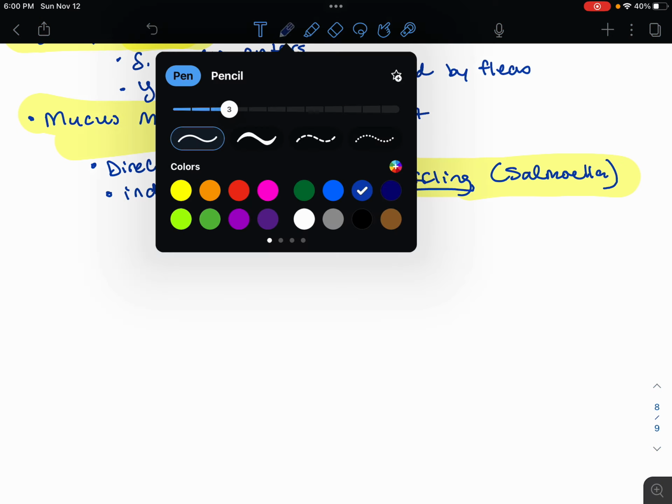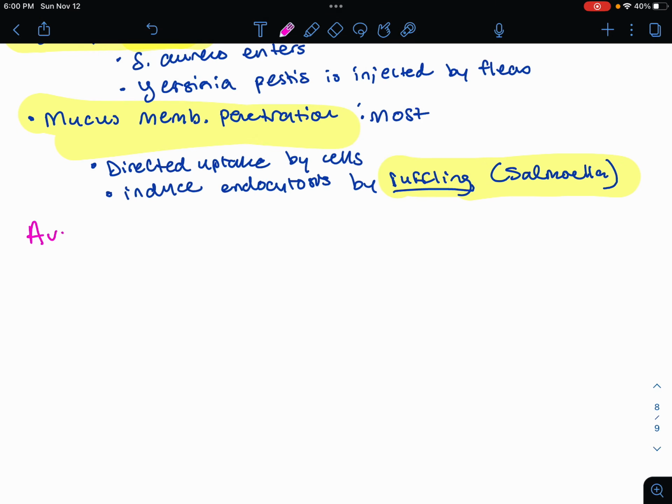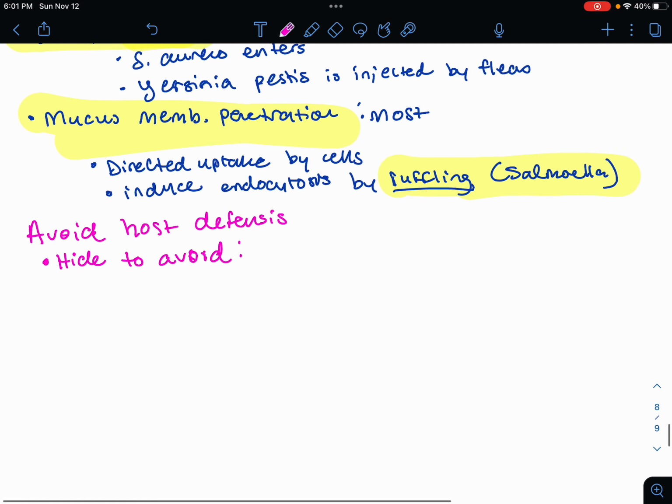They could also avoid host defenses. They could hide to avoid all these things I'm about to list. So, complement proteins. They could also hide from phagocytes and antibodies.